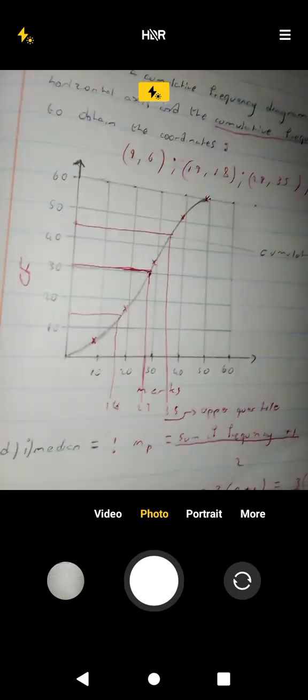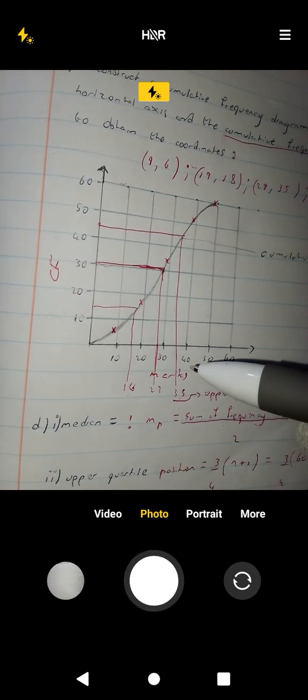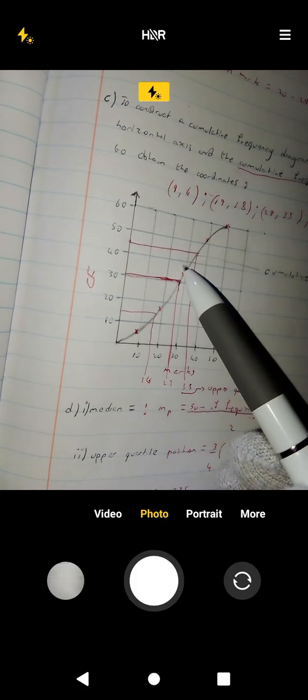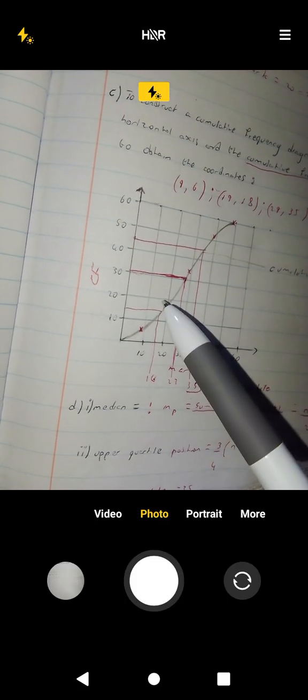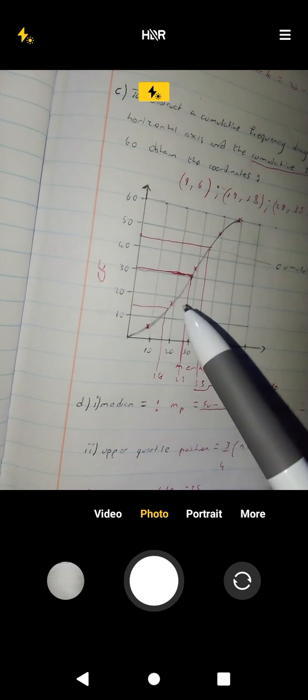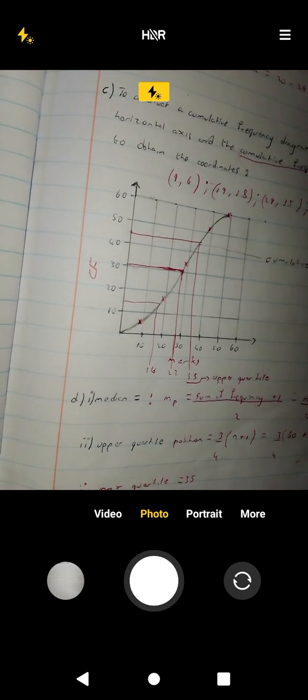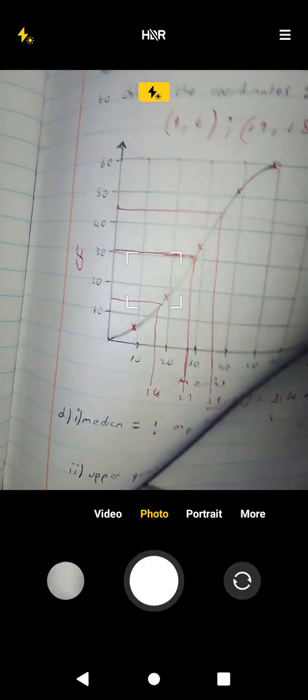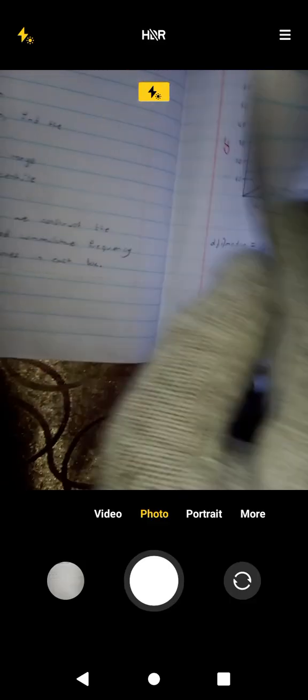So be sure to accurately draw it, because you refer to it for many things. This on itself can earn you perhaps a lot of marks in your exam, because it is the source of too much information.